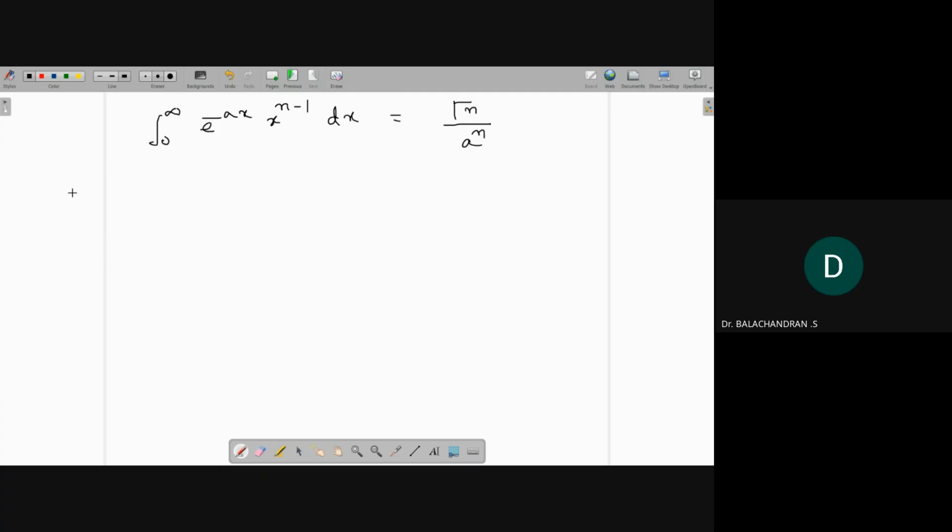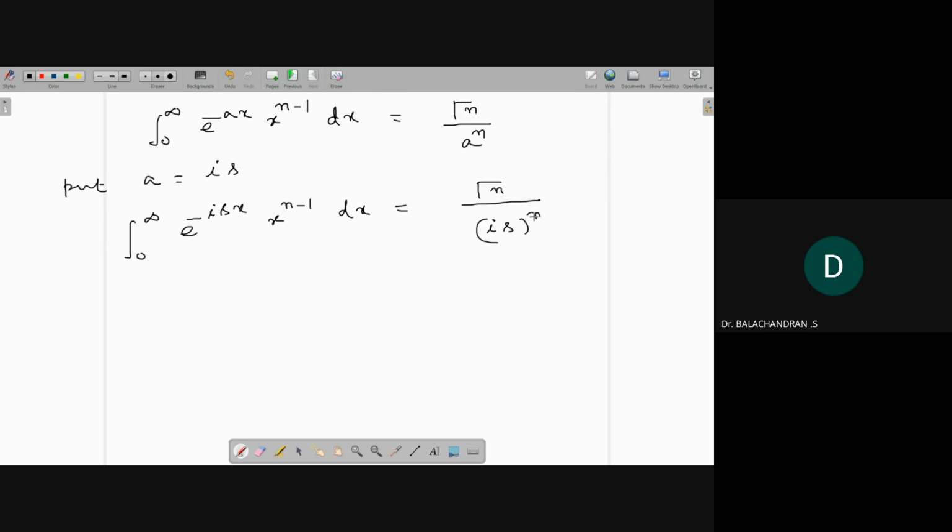Okay, now again I am going to substitute here. Put a is equal to is, because I need a cos and sine. So that's why I am going to put a is equal to is. So integral 0 to infinity e power minus isx into x power n minus 1 into dx is equal to gamma of n by (is) whole power n.